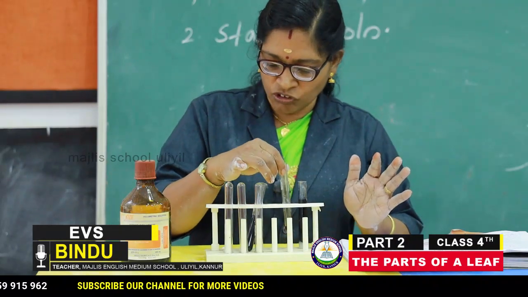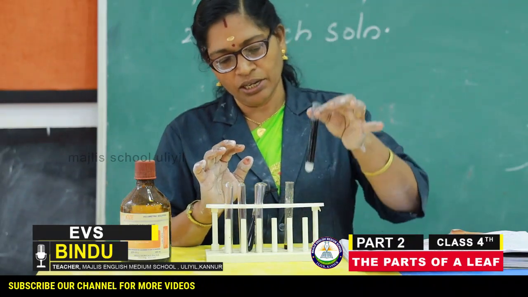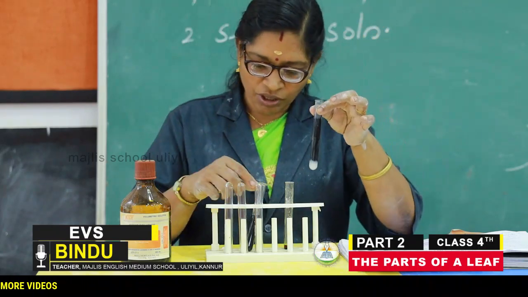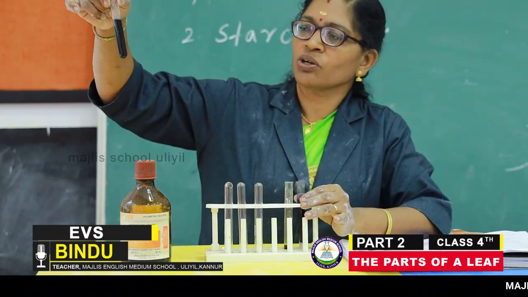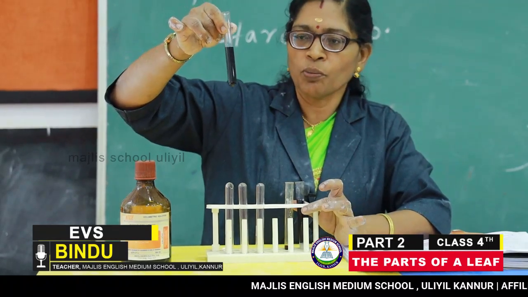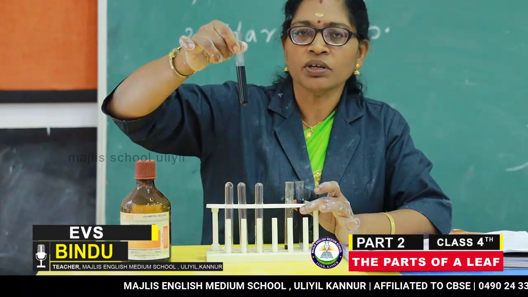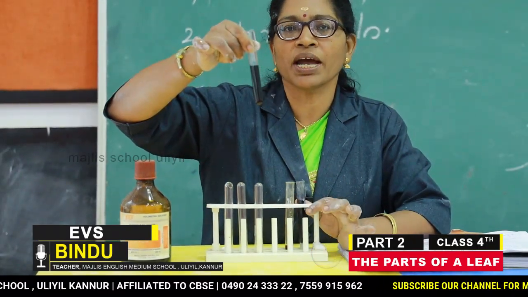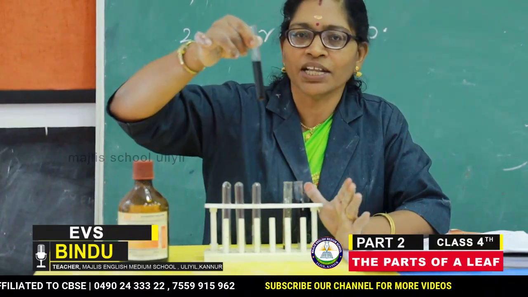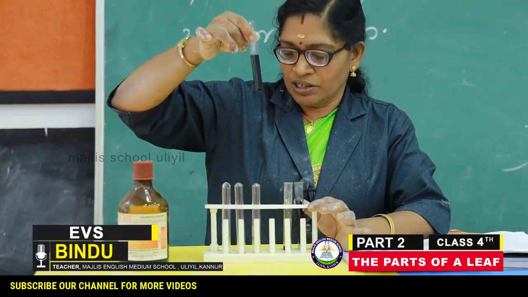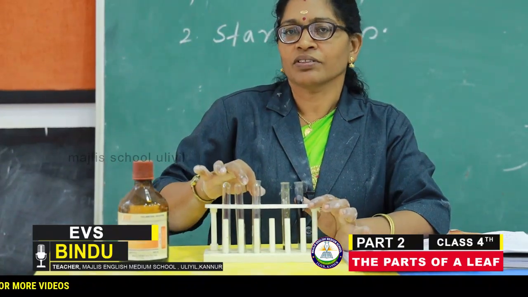Take some rice water, put iodine into that solution, then the solution turns blue-black. Here you can see clearly the solution change into blue-black, showing the presence of starch in the solution. Which solution did you add? Very good, iodine solution. Okay. Thank you.